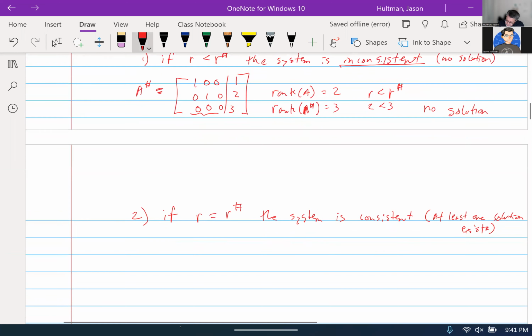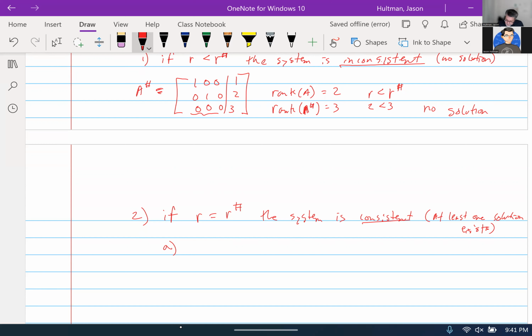If this is the case, that the rank is the same, then we have two options for what the consistent system is.